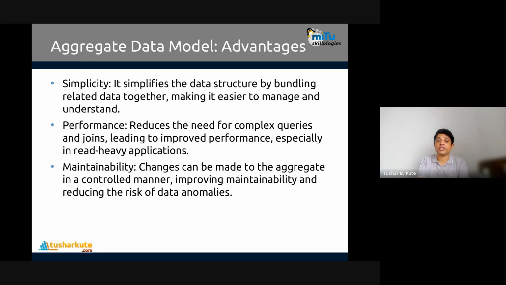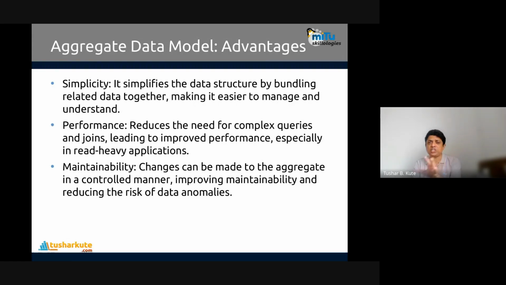So it simplifies the data structure by bundling related data together, making it easier to manage and understand. Very simple. All data is bundled together. Second is performance. Yes. It reduces the need for complex queries and joins, leading to improved performance, especially when you are performing read-heavy applications. Data is very huge at that time.